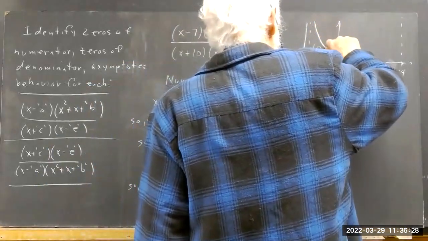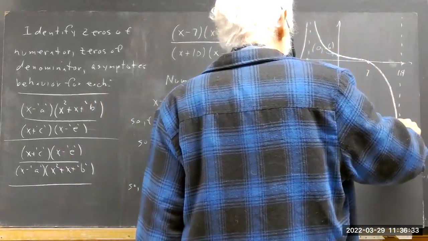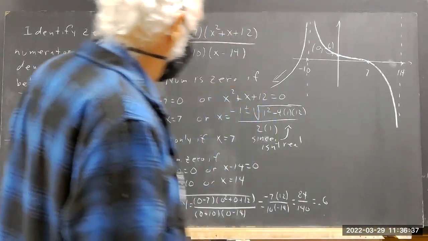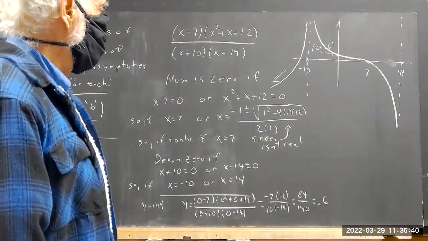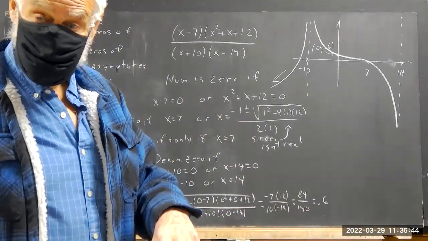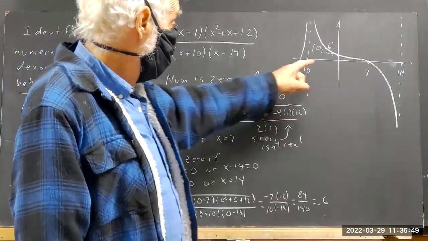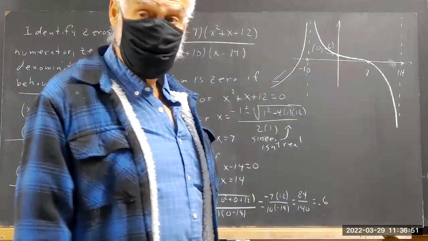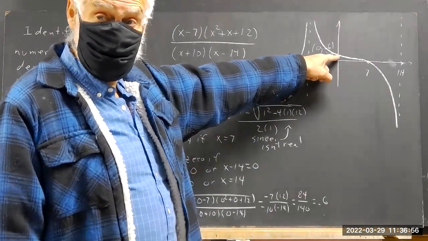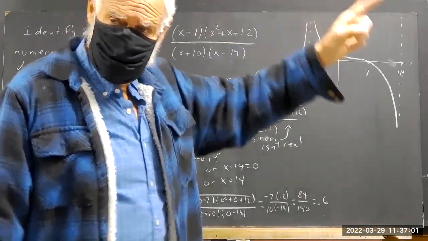Well, it's going to come down like this. It's going to kind of level off, go through 0 here, and then it's going to go down like this. The big point you want to take away for this class is that you have vertical asymptotes, and you've got to go through the x-axis only at the zeros, and you've got to go through the y-axis at the intersection. Okay? Got a question? Okay.